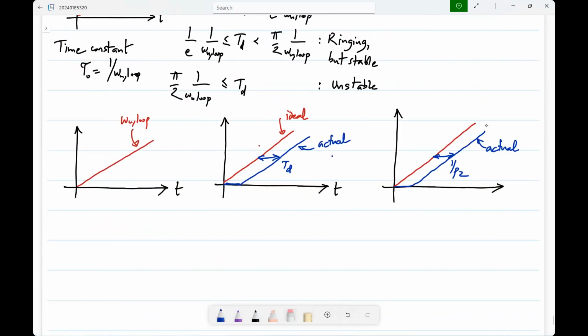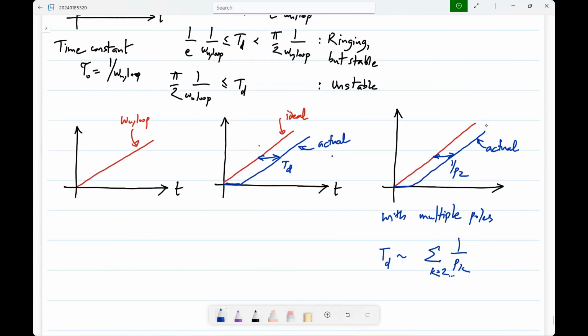So, in general, with multiple poles, the delay is like the sum of all the extra poles. Okay. Right.